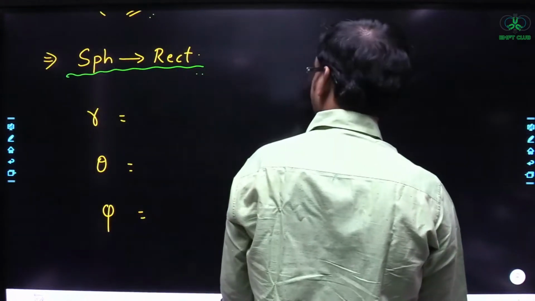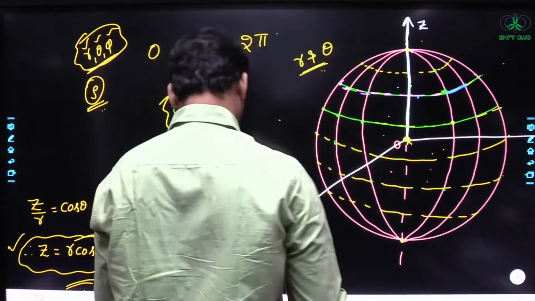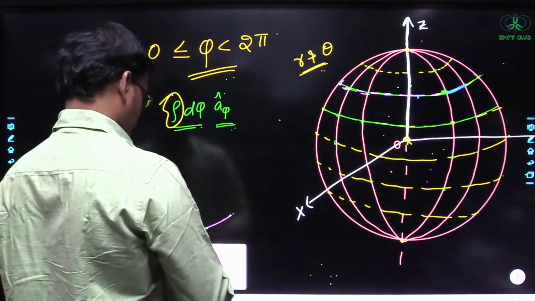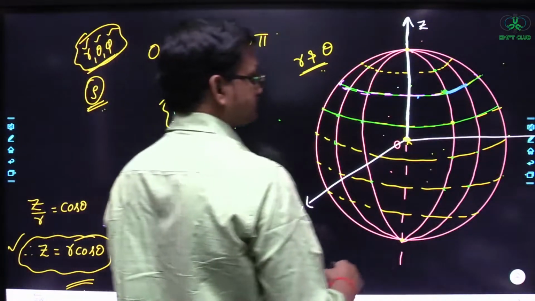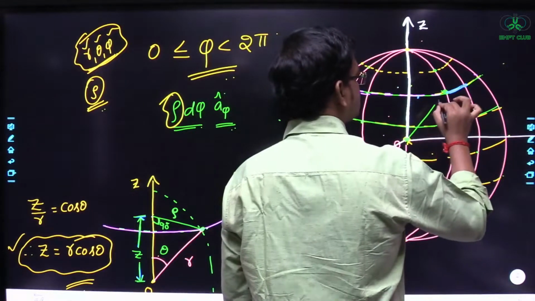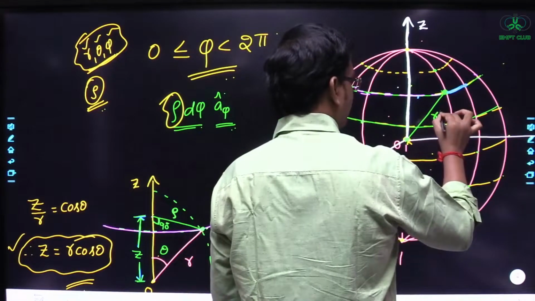So r, theta and phi. Now see here. The distance from the center to this point is nothing but r.